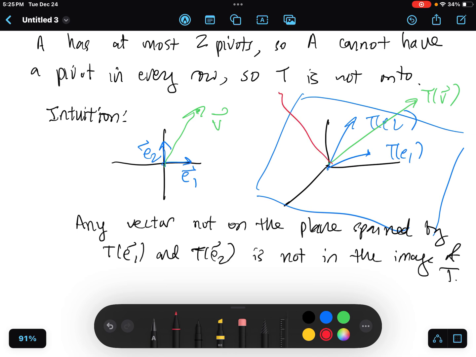Just take any vector that's not on the plane, like that vector, going out of the plane. This vector is not in the image of T.